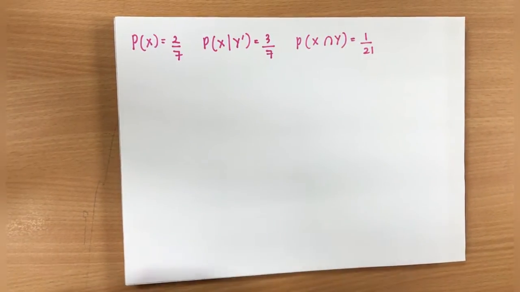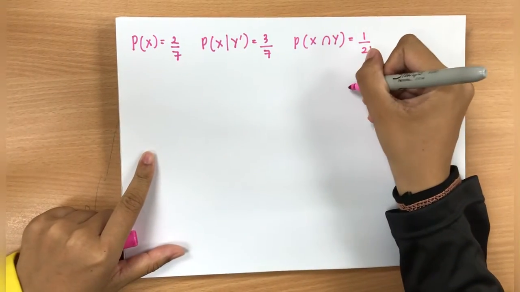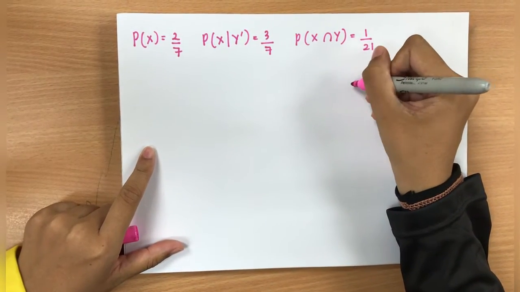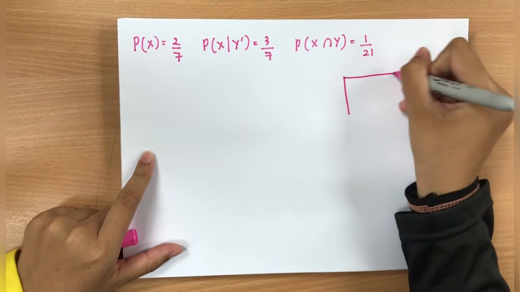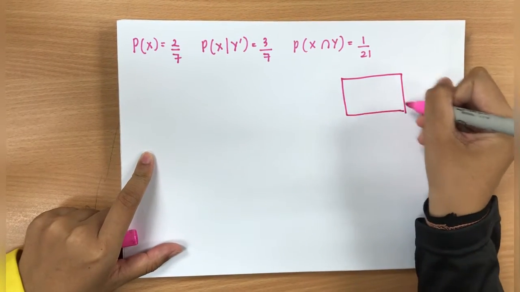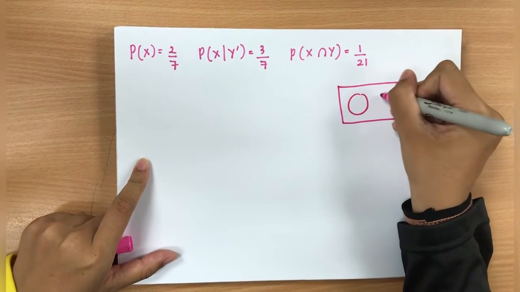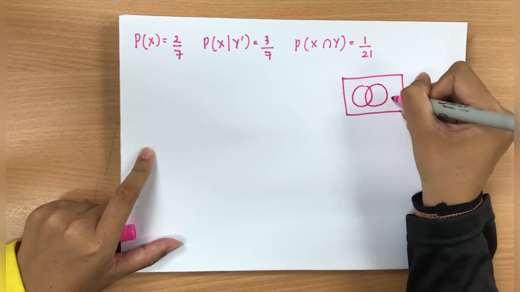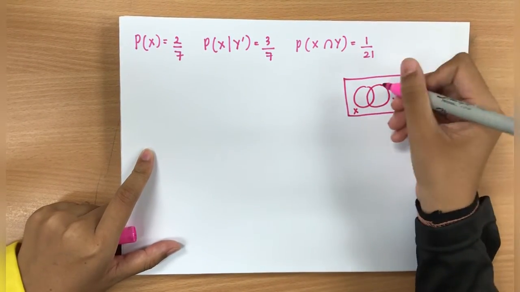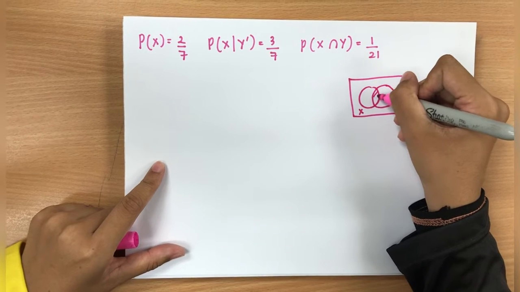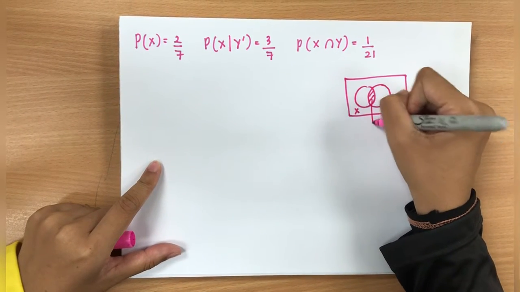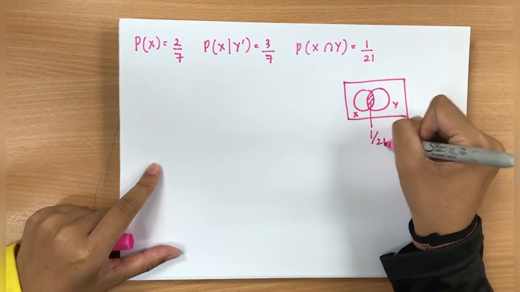For this question, we must first build the Venn diagram, with X and Y. So here, X intersect Y is 1/21.